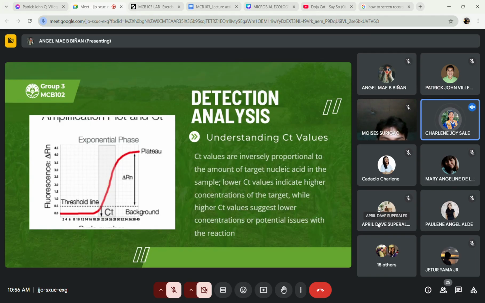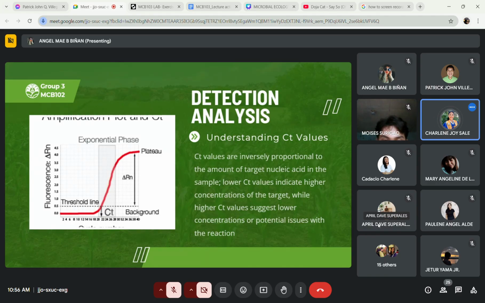The sample has a higher concentration of that target nucleic acid since at lower cycles, it already detects the target nucleic acid. Meanwhile, when the CT value is higher, that means it requires several PCR cycles.